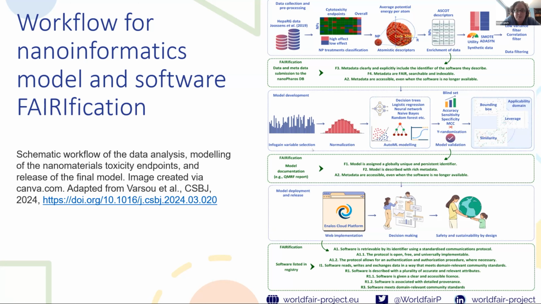So again, the feature selection, the normalization of the data, particularly for machine learning, which approaches we're using, and then assessment of the applicability domain of the model. And again, we need to document all of that. Each model needs to have its own unique identifier. It needs to be described with rich metadata. And the metadata need to be accessible even if the model or the software is no longer available.